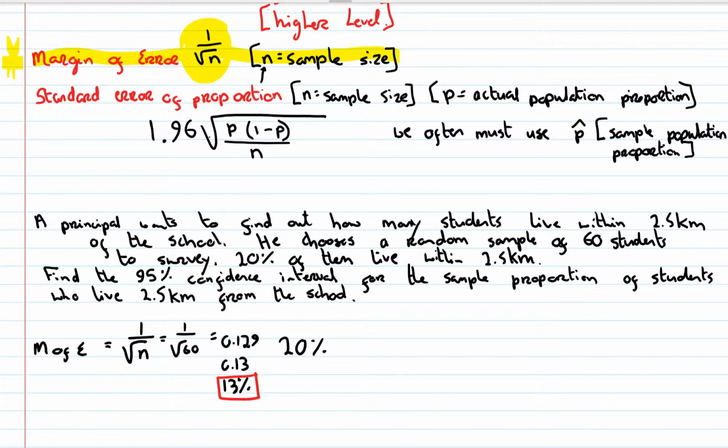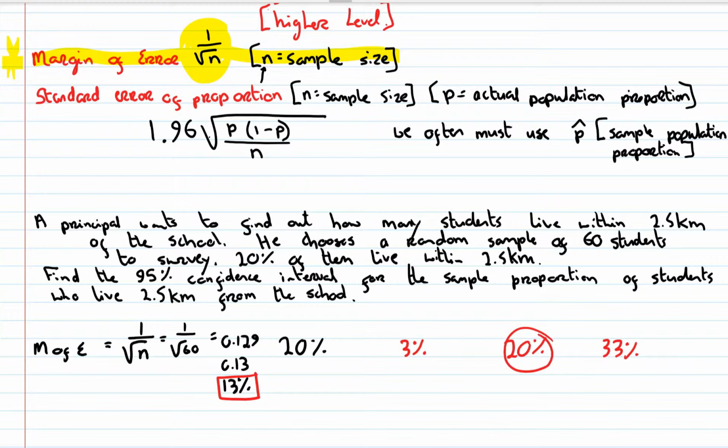So here's how I set up my confidence interval. That's 20%, but he could be wrong by 13, so I take 13 away and I get 3%, and I add on 13 and I get 33%. So even though he's seeing that it's 20% from his sample, he could be wrong by 13%.